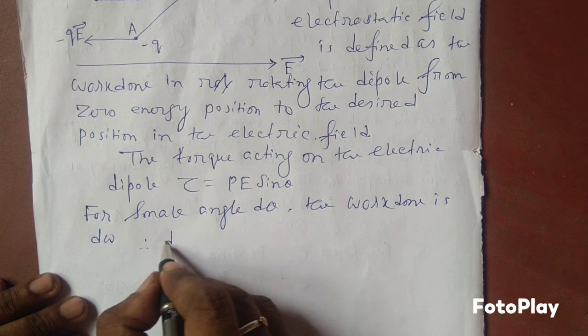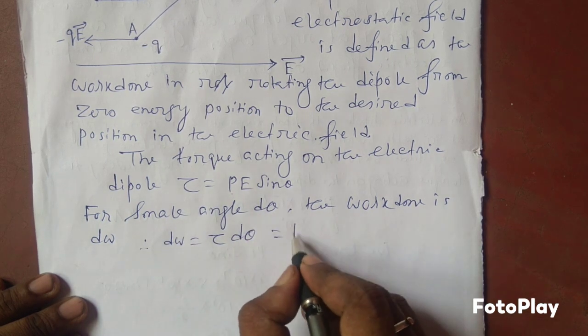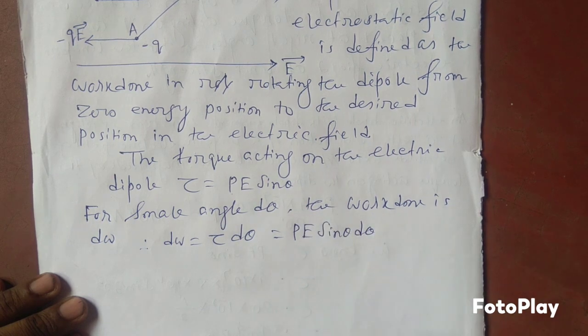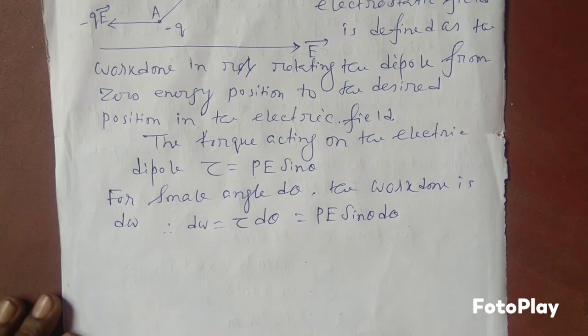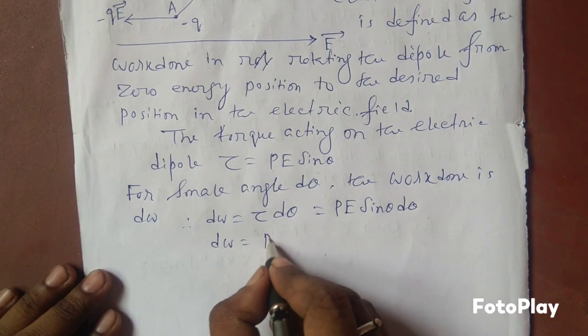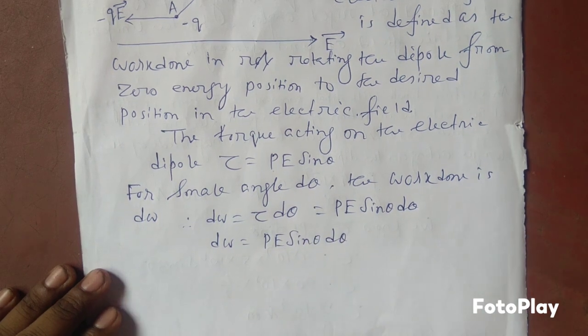So dW equal to tau d theta, so PE sin theta d theta. Now that is dW equal to PE sin theta d theta.